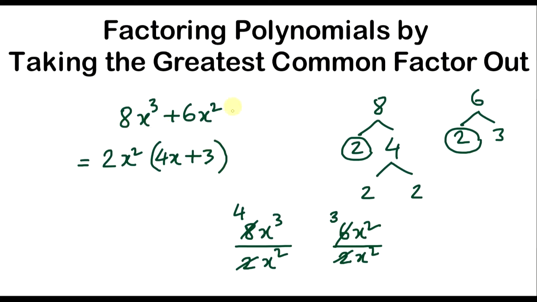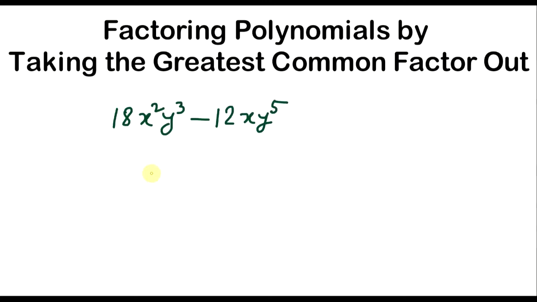This polynomial is written as the product of its prime factors. We have 18 and 12. We know the GCF is 6. Now we have x here and here.